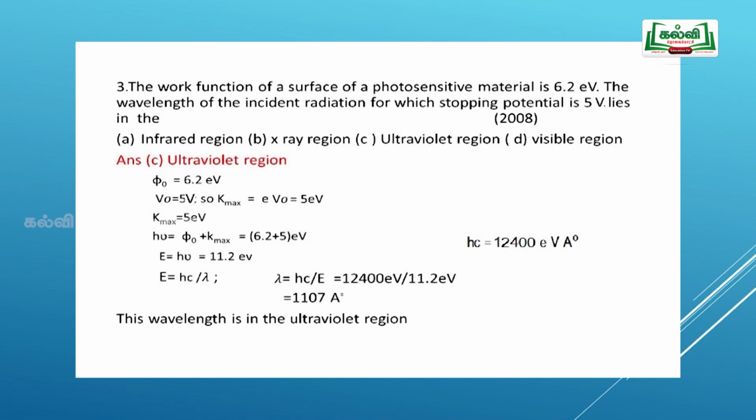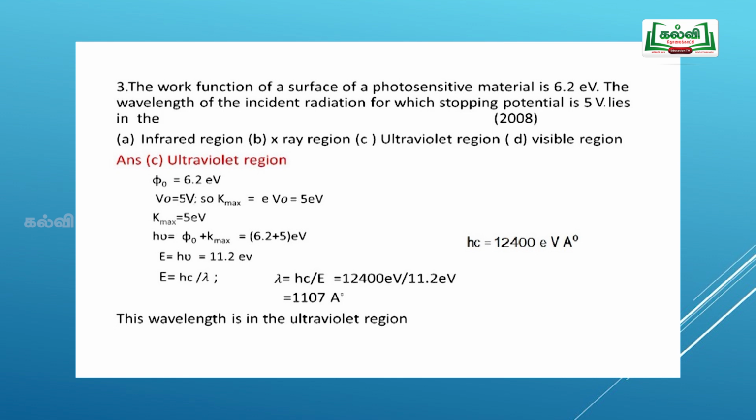The answer is C, ultraviolet region. So let's see how we get this. As given in the sum, the work function of the metal is phi naught equal to 6.2 electron volt, and the stopping potential is also given in the question, which is 5 volt. So from the stopping potential V naught, we know the kinetic energy maximum is e V naught, which is equal to 5 eV.